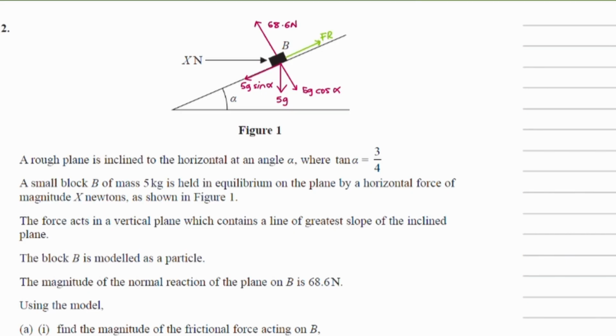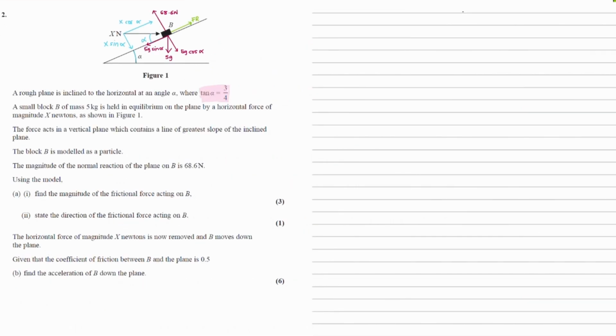We then have the force X, and we would have to first find the components. Because this angle here is alpha, this would also be alpha, and therefore the component parallel to the plane would be X cosine alpha, and perpendicular to the plane we would have X sine alpha. We've then been given this value of tan alpha, which is 3/4.